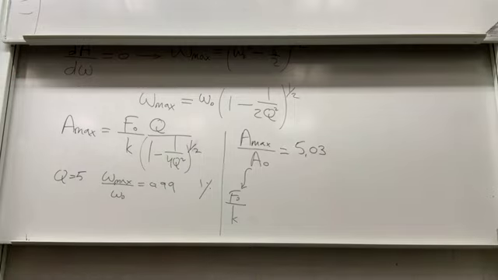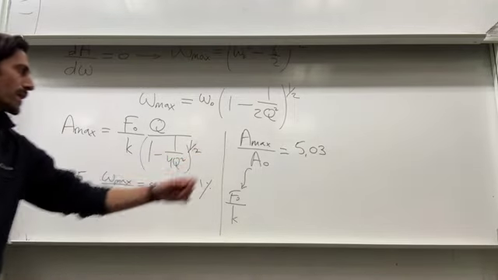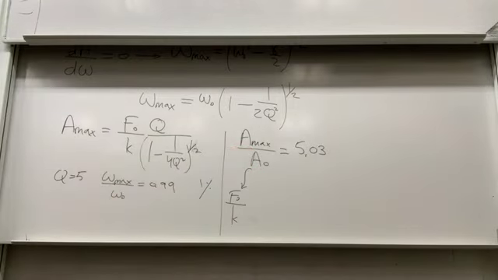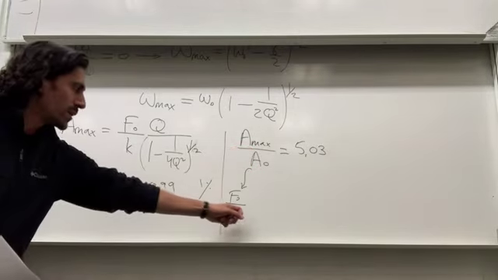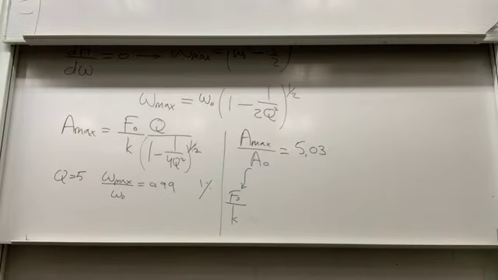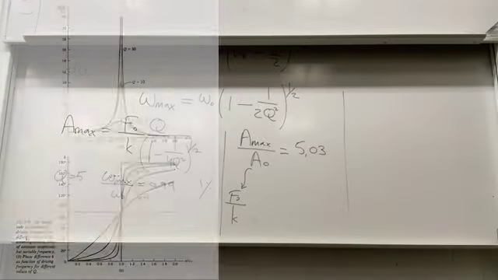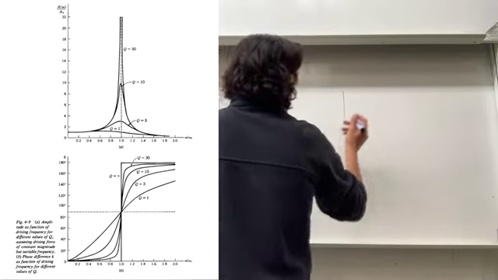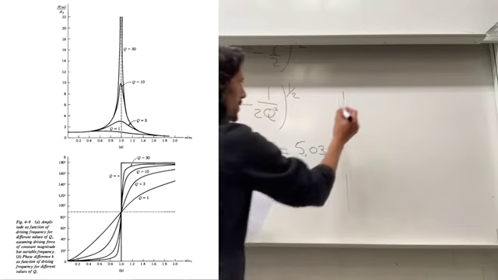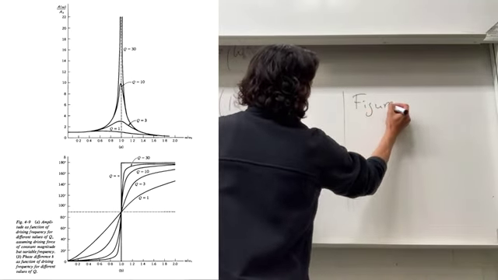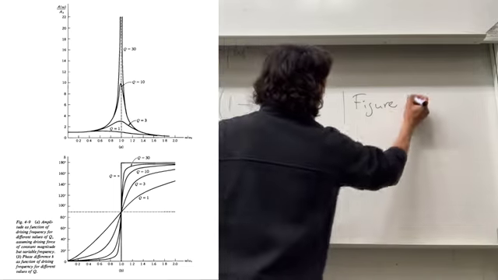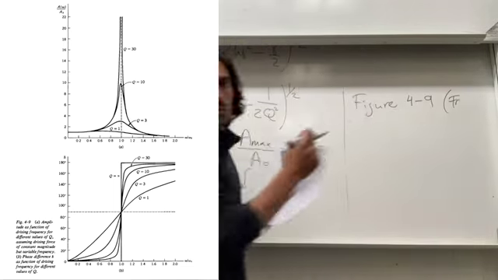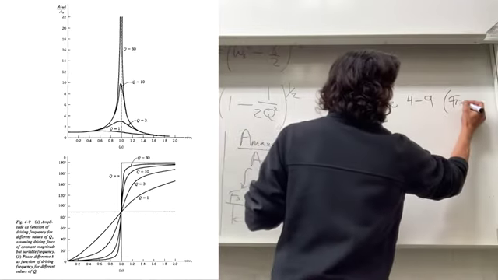So the maximum amplitude would be 5 times larger than the amplitude in the case of very low frequency. Yeah, I would suggest that you take some time to study the figure in your book, figure 4.9 in French. Right, do you see that far? Yes, French.